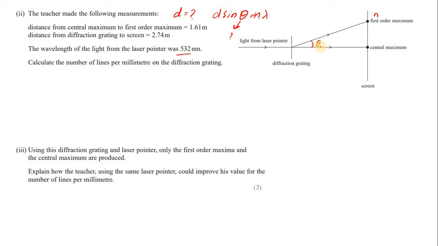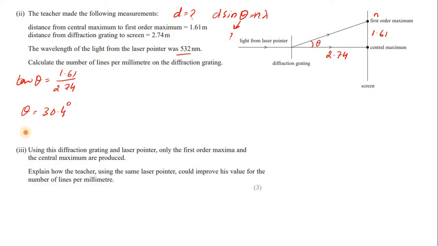In order to find that theta, we are given 1.61 and 2.74. So we can use tangent theta. Tangent theta is equal to 1.61 divided by 2.74. So theta is equal to 30.4 degrees.